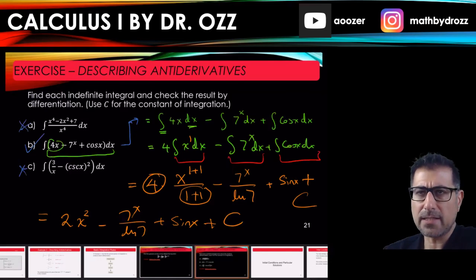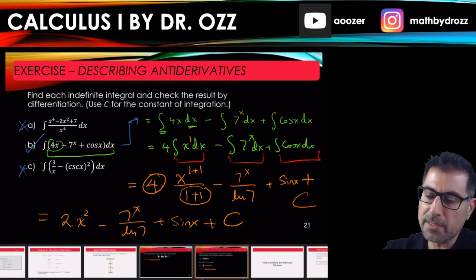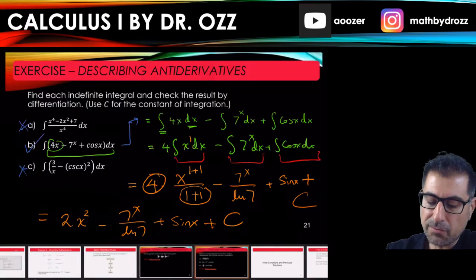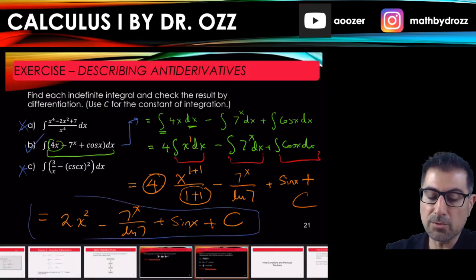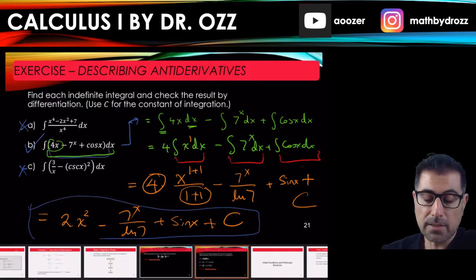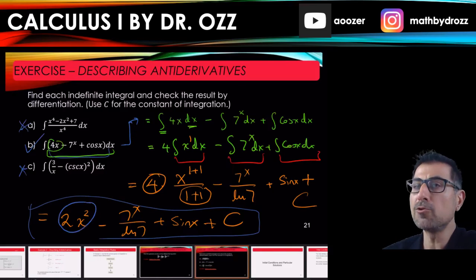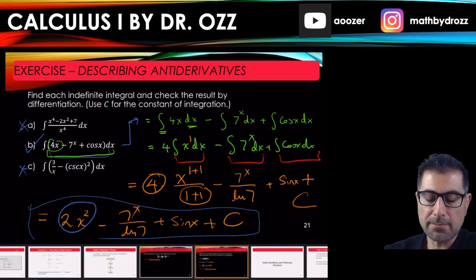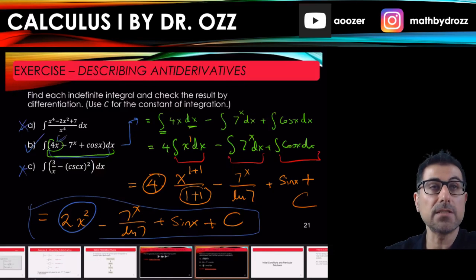If you want to have a reality check here, go ahead and take the derivative of this piece. You should go back to where you started, so you should go back to this integrand here. For example, if I take the derivative of this by using the power rule for differentiation, 2 times 2 is 4, it should be 4x. Here we go, I get 4x here.